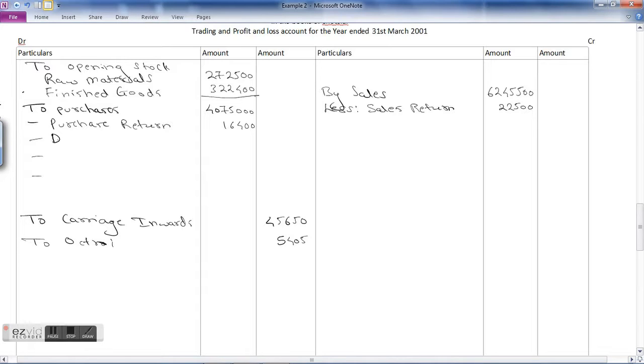Duty drawback 1,22,400 and less cash assistance on purchase. How much cash assistance on purchase did we get? 10,250.